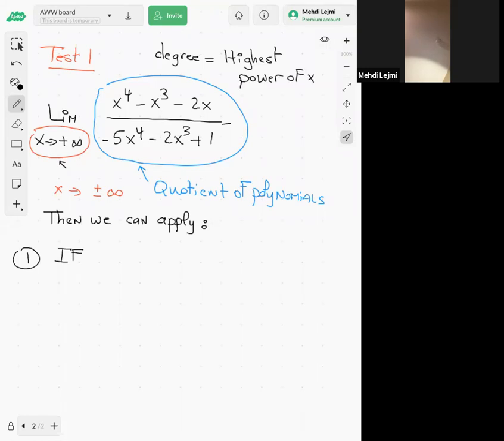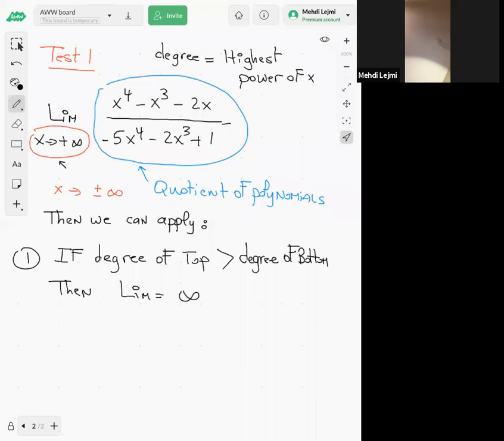So if the degree of the top, the highest power of x in the top, is larger than the degree of the bottom, the highest power of x in the bottom, okay, then the limit would be equal to infinity.